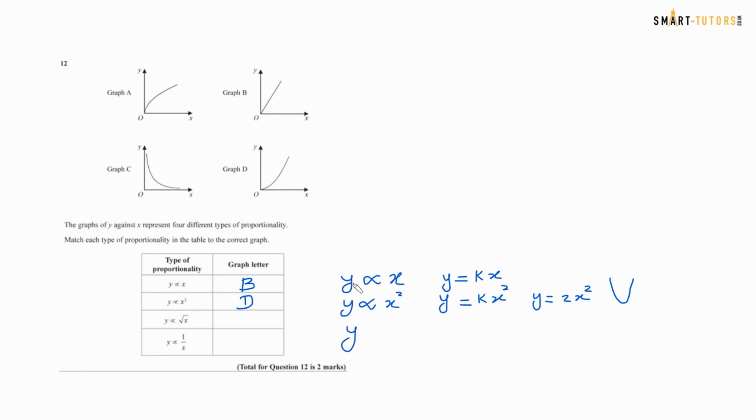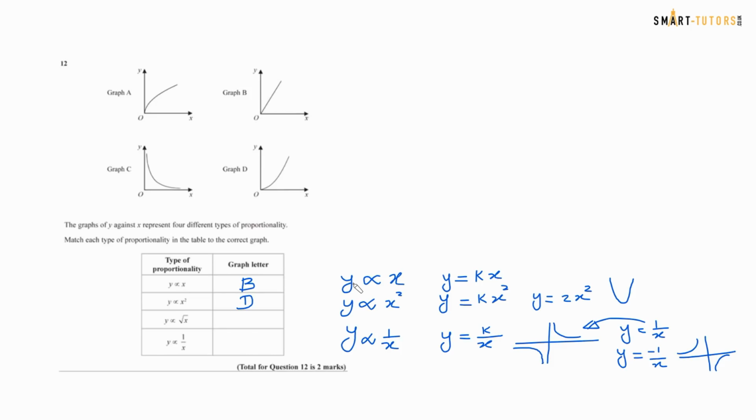Before I touch the square root, y proportional to 1 over x, this is y equals k over x. You may have studied this one under the harder graphs at the end of the graph topics. It's a graph like a parabola. So y equals 1 upon x means this type, and you need to understand y equals minus 1 upon x is the opposite one.